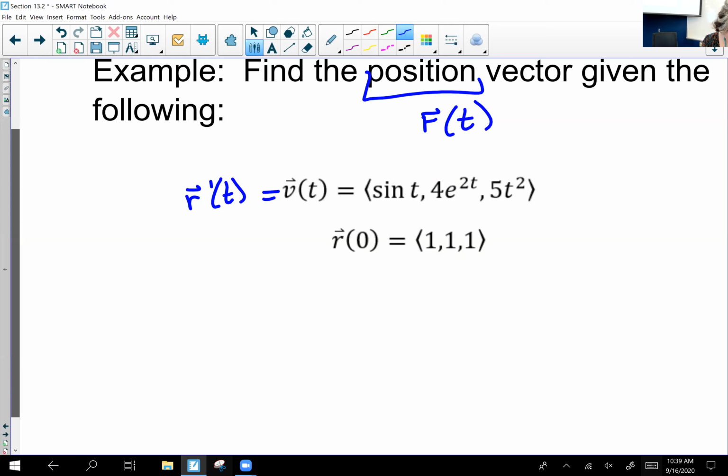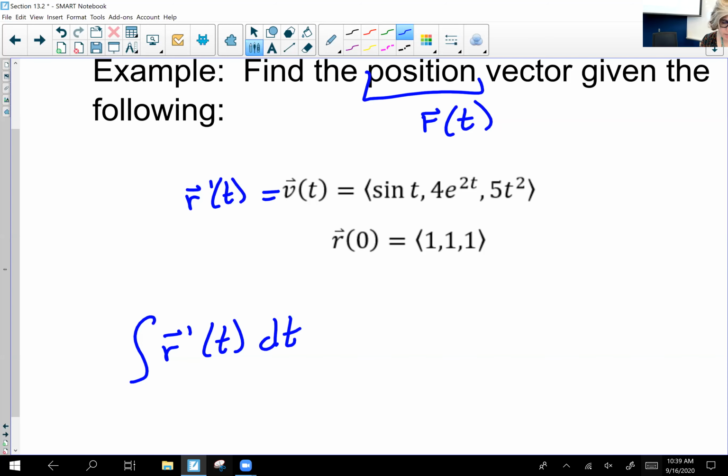Okay, we're going to need to integrate r prime of t dt, right? That's going to give us our position vector. And then we're given this information here. So from this, we can then get our constant, can't we? All right.